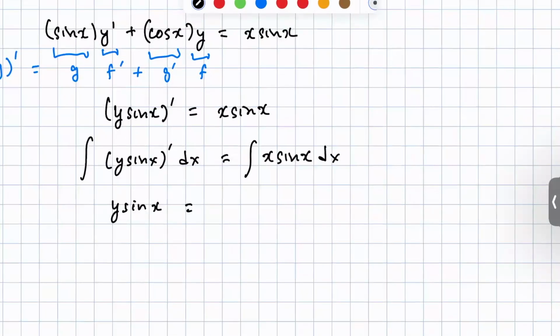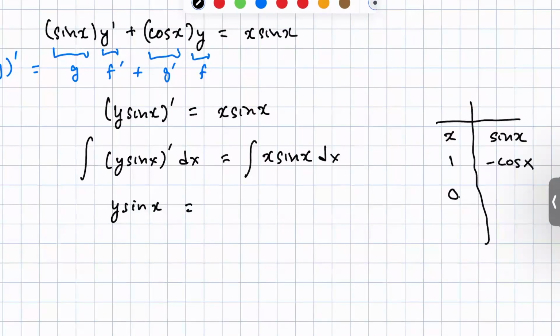And let's just remember how to do integration by parts. Here's a trick. You take x and you take sine x. And then you differentiate this until you get 0. And then you anti-differentiate this until you reach the very bottom of this chart.